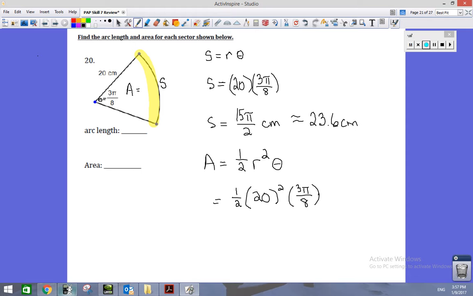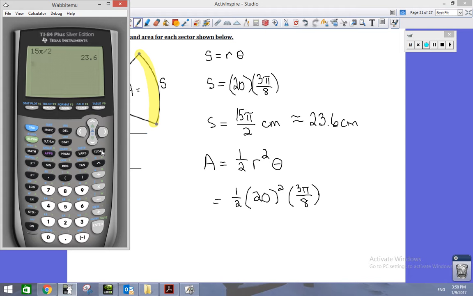So 20 squared is 400 times 3 is 1200 divided by 16. I don't know, let's go to the calculator. All right, so my numerator, I've got 3 times 20 squared. It's hard for me to see which buttons.